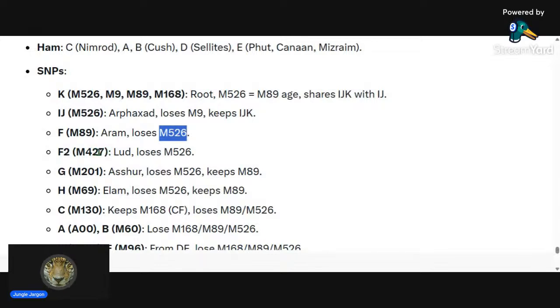So F2 has its own marker, M427, and it loses the IJK marker.